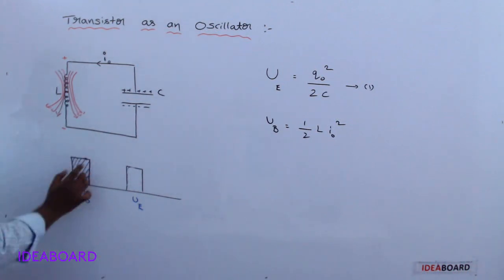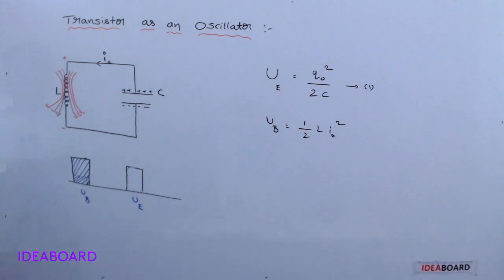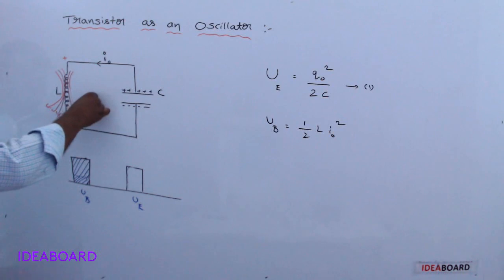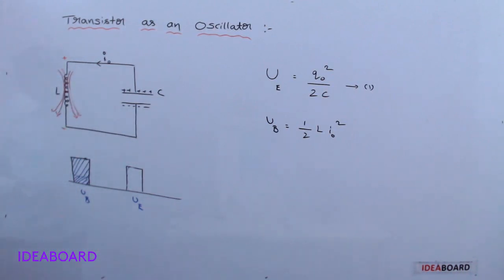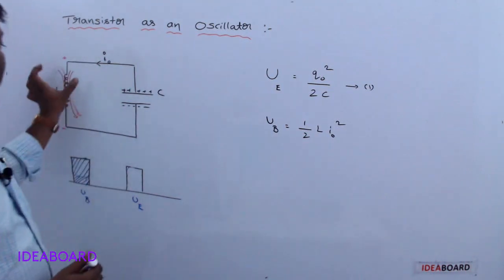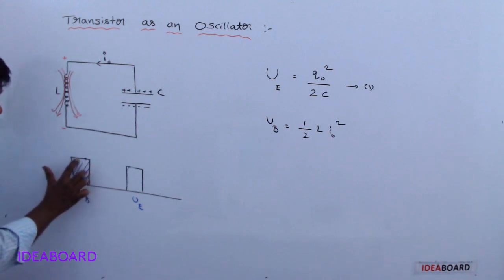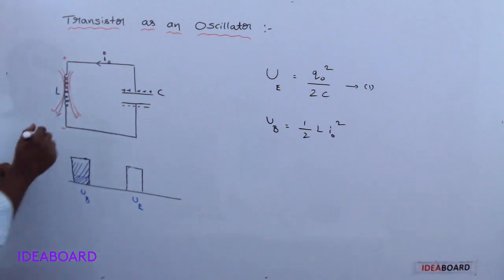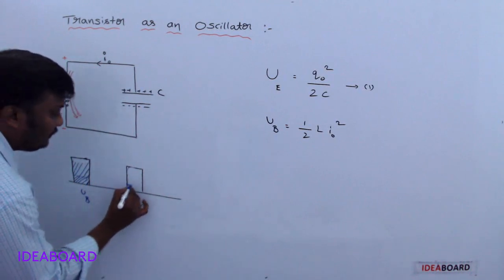Now, UB is there. Now, the magnetic flux linked with the inductor coil decreases. That means UB now decreases. Whenever UB decreases, this will be stored as electrical energy in the capacitor.